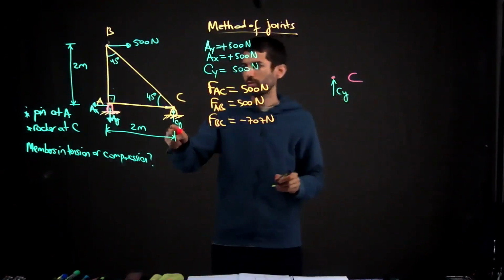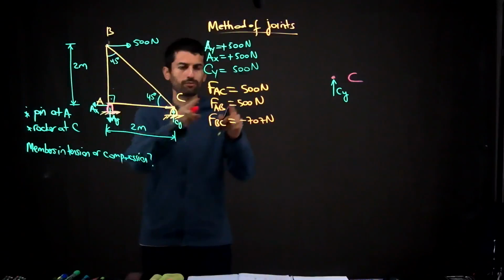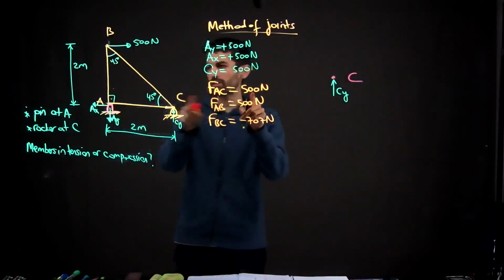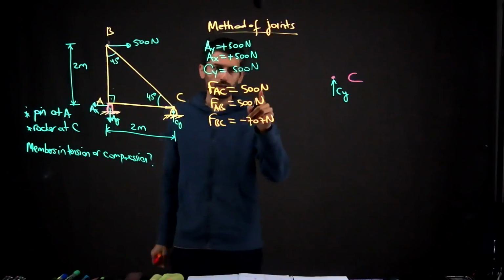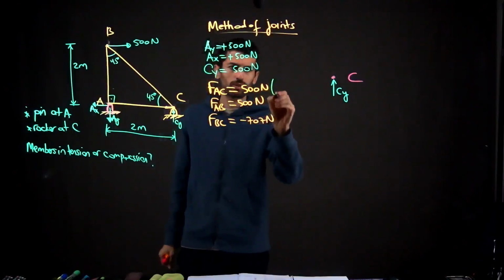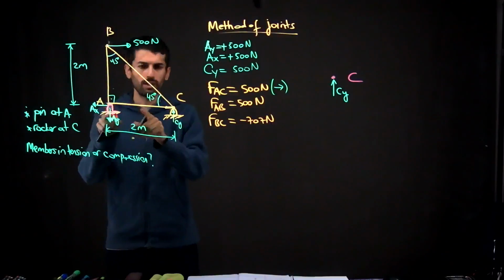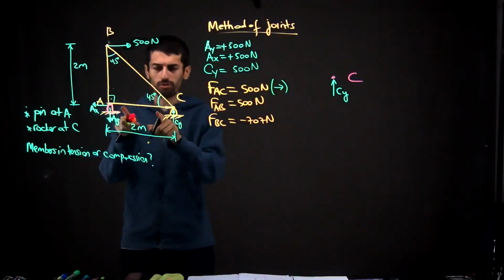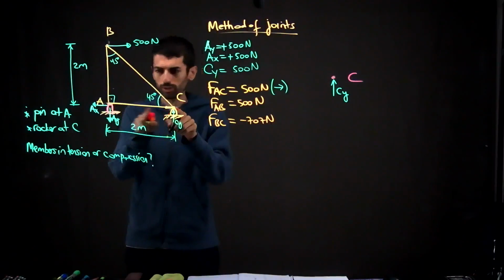We have the force in member AC, and we have found that the force in member AC at A is 500 newtons. And if you remember, we assumed this one to the right as a tensile force. So by Newton's third law, the force at C will be to the left.